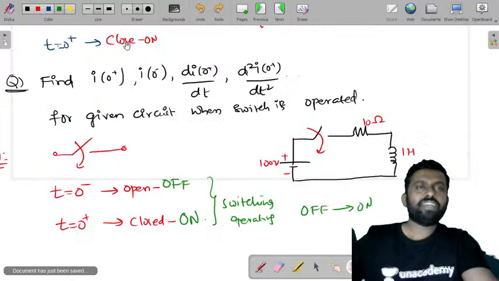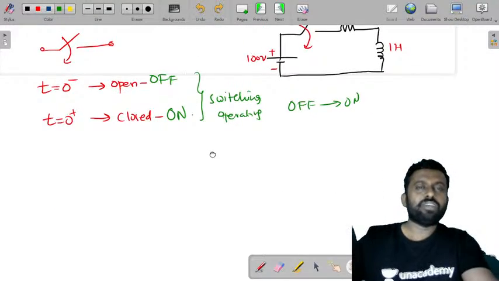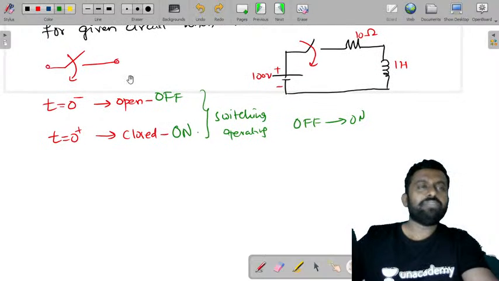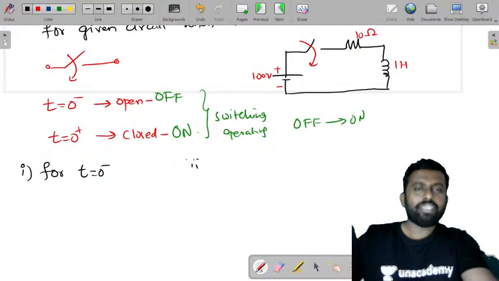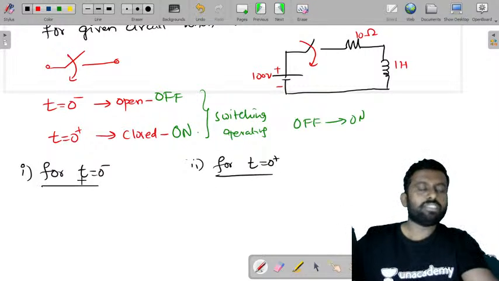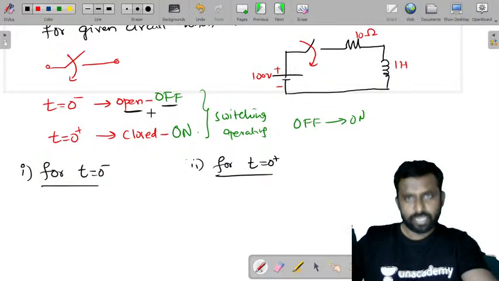Now what are we asked to find? I of 0 minus, I of 0 plus. So first let's try to draw the diagrams for this. First one is for t is equal to 0 minus. Second one is for t is equal to 0 plus. For t is equal to 0 minus, the switch is open or it is off.